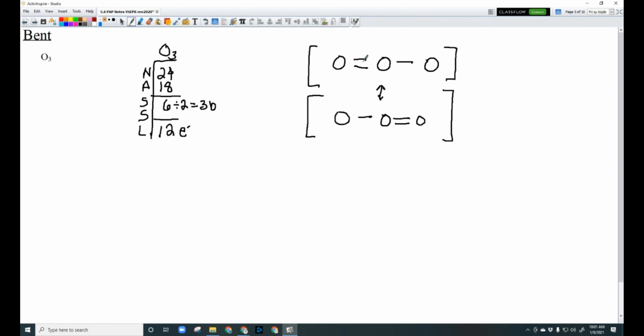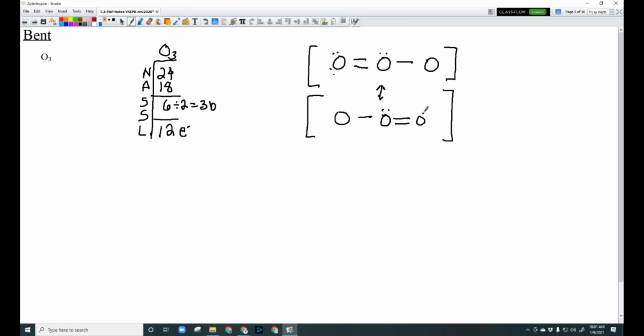Okay, so let's concentrate on just this top one here for the distribution of the 12 electrons. So start in the center, 2, 4, 6. Okay, so it needs to see 8, so we're going to have to put a lone pair of electrons here on the center. And if we did this one that way, this one's going to be the same. Okay, so let's go out to this oxygen, 2, 4, 5, 6, 7, 8.